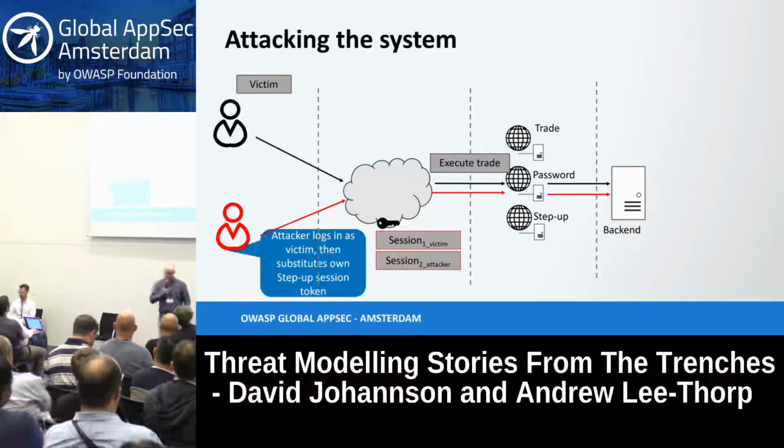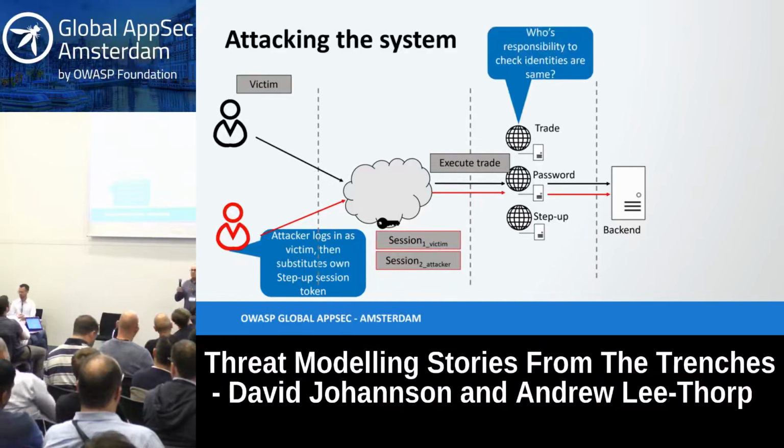What you need to realize is often in the new world of service-oriented architecture and microservices, there are many services and they each have a single responsibility. So there's a password service and there's a step-up service and there's the business service. And because they have a single responsibility, there's no one component that has a responsibility for the system-wide invariant, which is: is this password token the same as the step-up token? Because it's not part of the architecture.